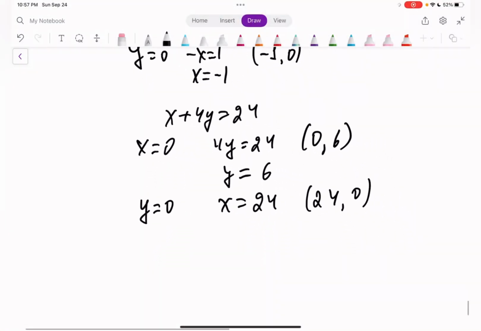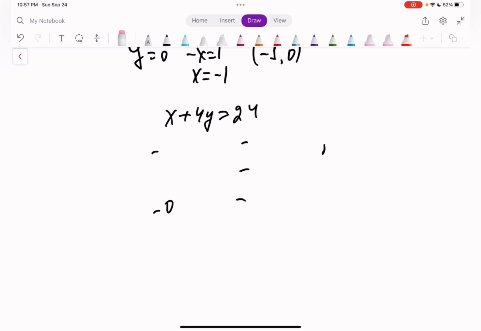So I'm going to do it as slope and intercept, which means I don't have 24 on the graph.